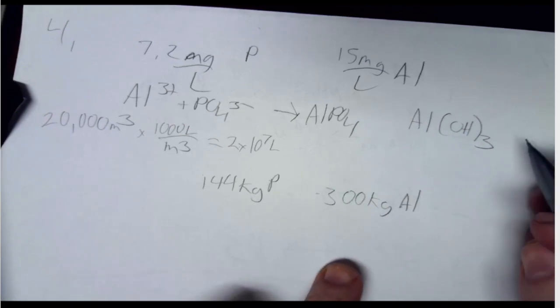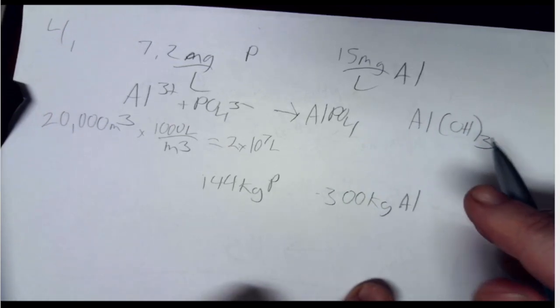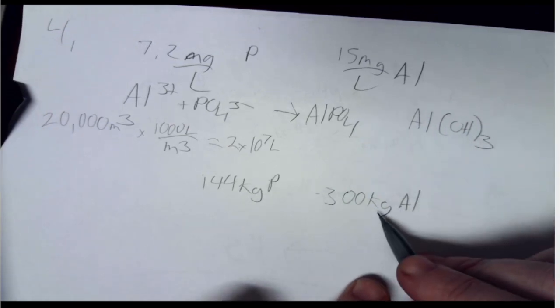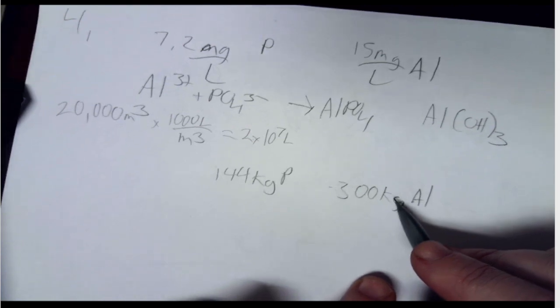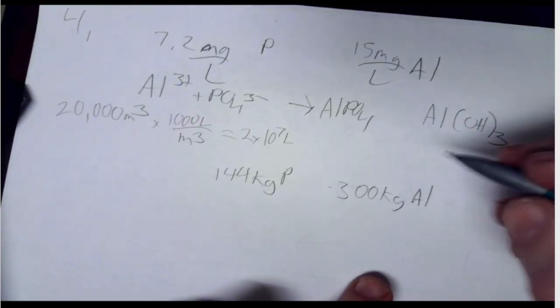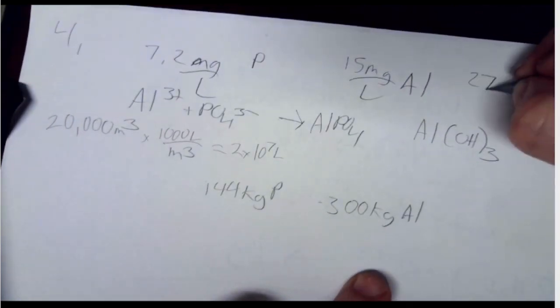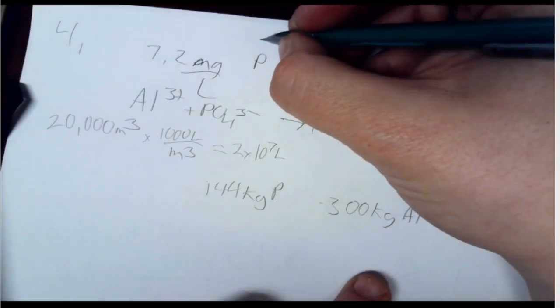Now with that in mind, we need to figure out the weights of these. The weight of aluminum is about 27. The weight of phosphorus is about 31.